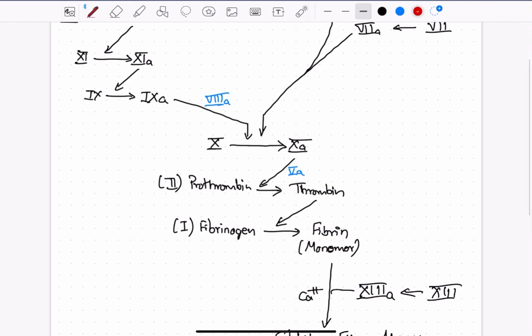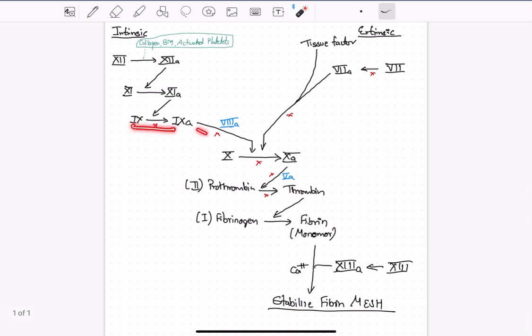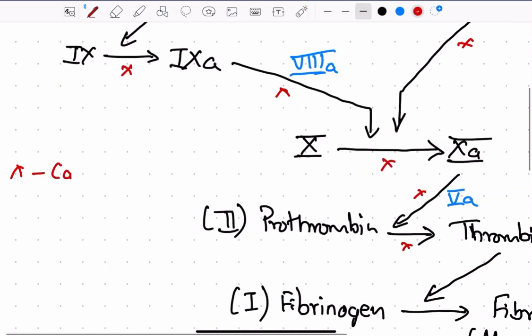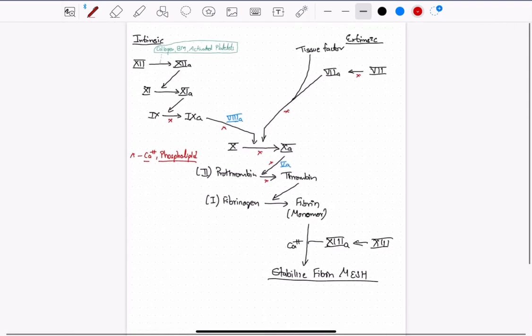And also these steps that I'm marking in red here, so all these steps, this one, then the extrinsic pathway, this and these steps, they require calcium and phospholipid. Okay, so these steps that are marked in red require calcium and phospholipid for their activation.